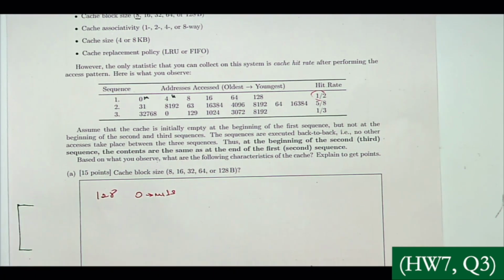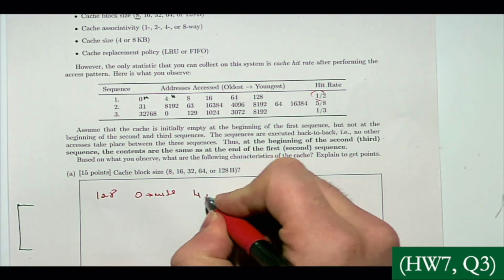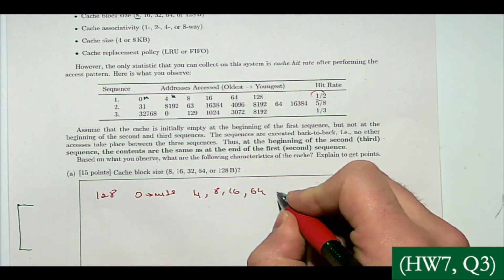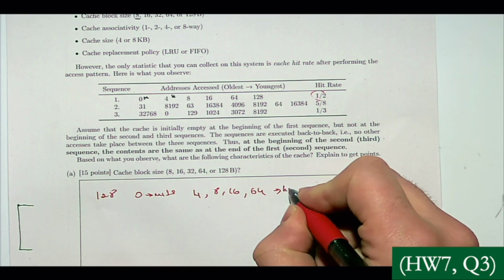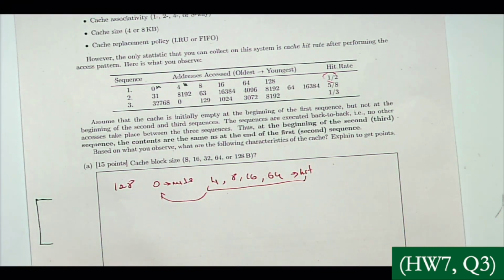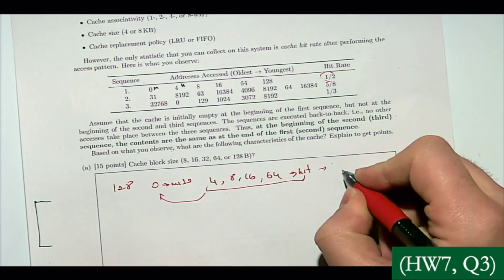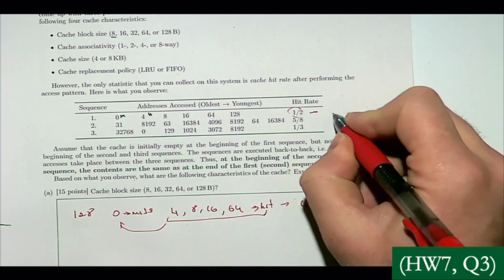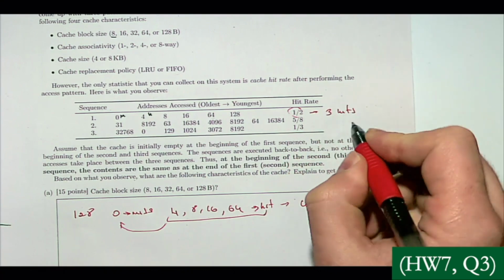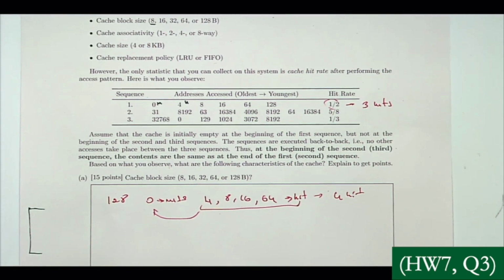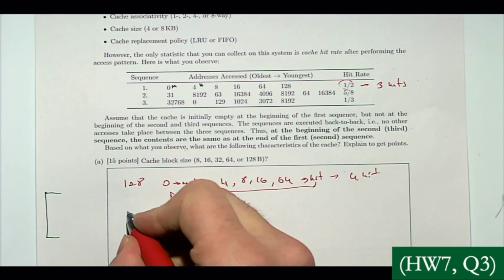But if it is 128, then 4, 8, 16, and 64 will be hits because they are located in the same block as 0. So we have 4 hits, whereas for the first sequence the question says we have 3 hits, because we have 6 accesses and the hit rate is 1 divided by 2. So this won't work.